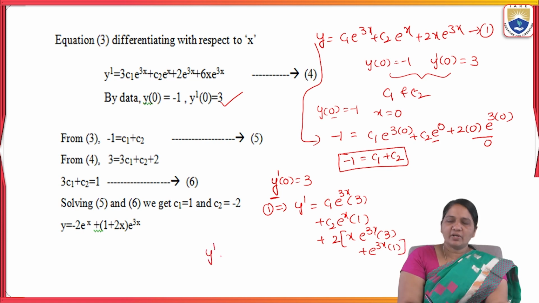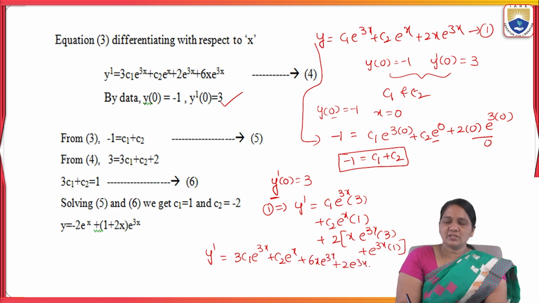So finally y dash equals 3 C1 e power 3x plus C2 e power x plus 6x into e power 3x plus 2 into e power 3x.